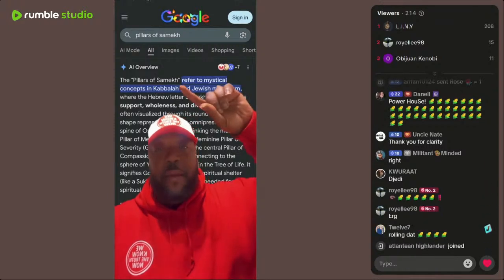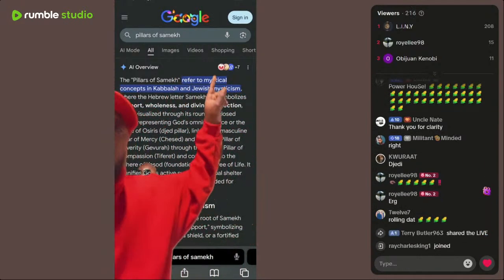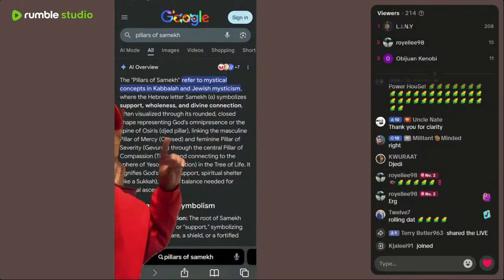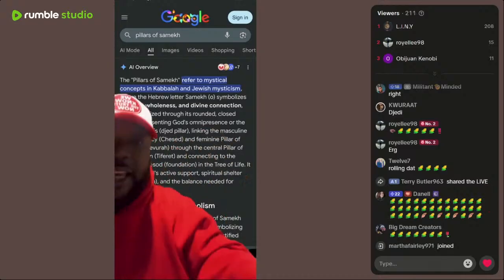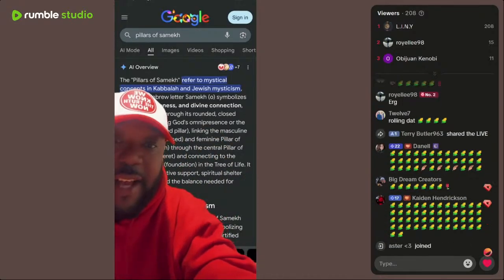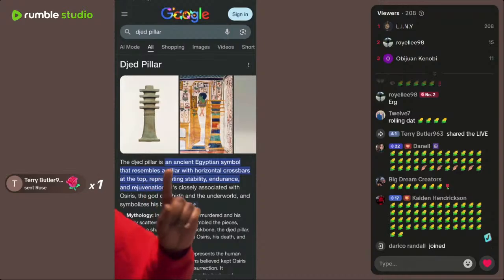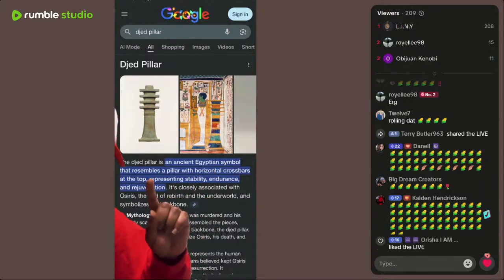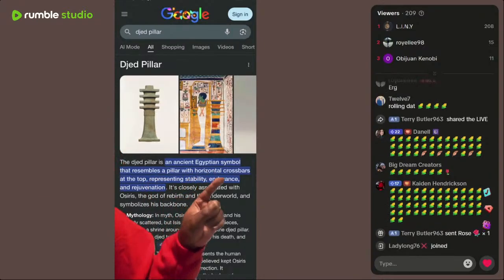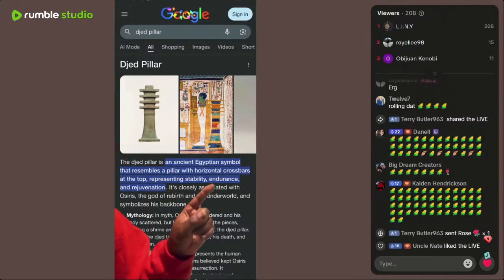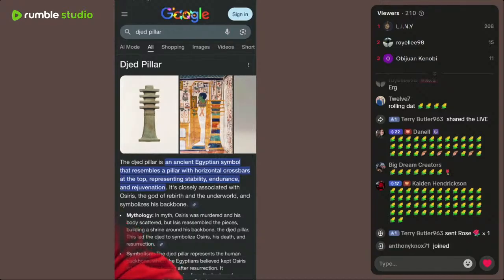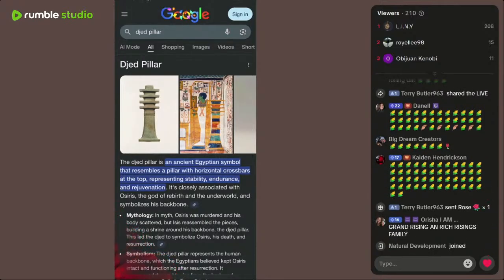Samek on the ground in Mississippi. When it evolves, it becomes the Djed pillars. The back of the spine of Osiris. Let's keep going. Think this ain't connected, if you want to. The Djed pillar resembles a pillar with a crossbar on the top, and represents stability, endurance, and rejuvenation.